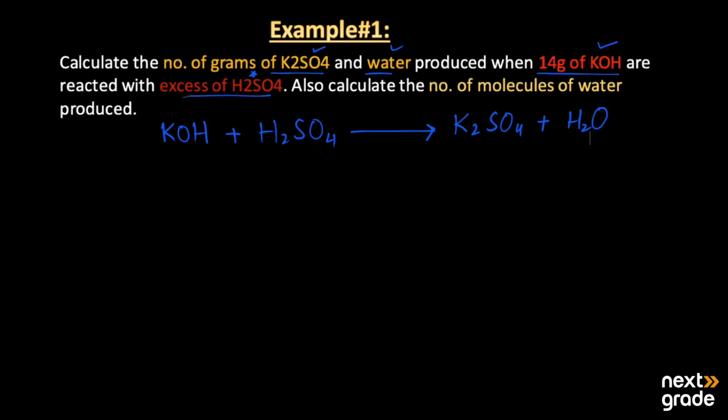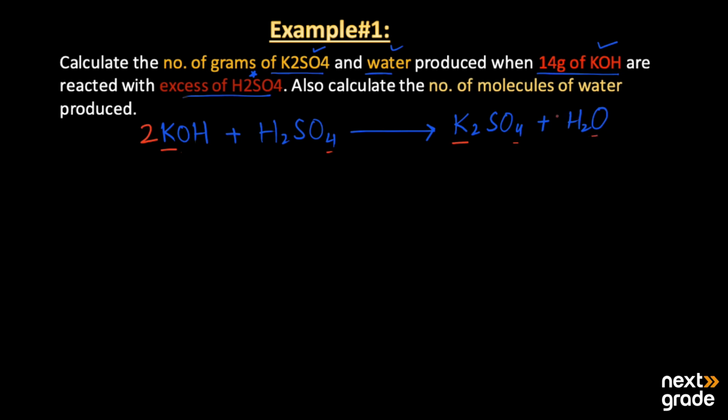To balance it, on the reactant side we have one potassium and on the product side we have two potassium, so we will put 2 over there. Now the potassium atoms are balanced. On the reactant side we have oxygen 4 plus 2, which is 6, and on the product side we have oxygen 4 and 1, so just 5 oxygen atoms.